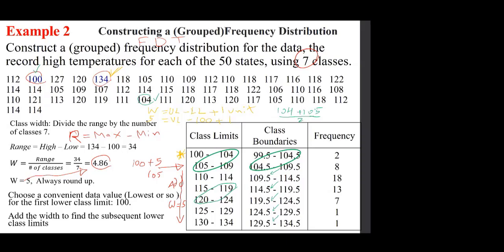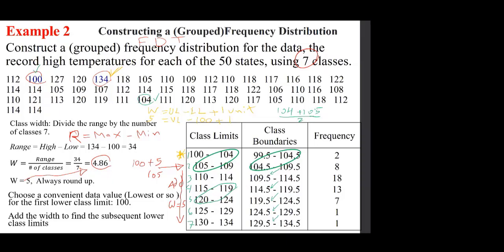So take a look at the upper boundary of the fourth class. I hope you see this is class 1, 2, 3, 4, 5, 6, and 7. So for the fourth class, the upper boundary is 119.5, and the lower boundary for the fifth class is the same. Does that answer your question?